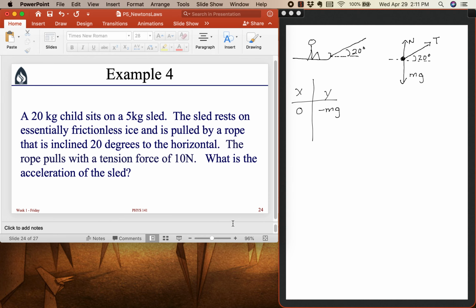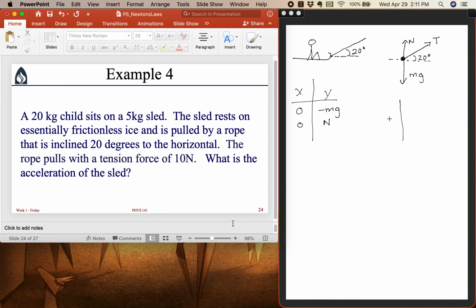The normal force is pointing upward, so it's pointing in the positive y direction. And so then I only have to worry about the tension force. And as you can see, tension has a component in the x and a component in the y direction. So I'm going to redraw just that one force along with a coordinate system to make it a bit easier to split up into components.